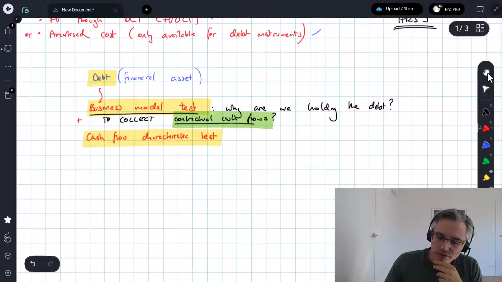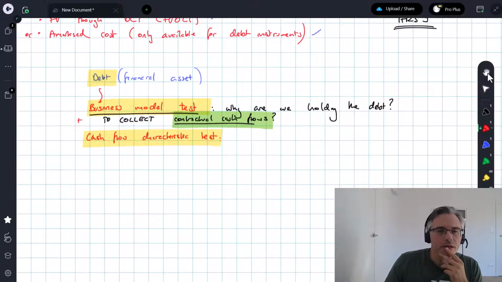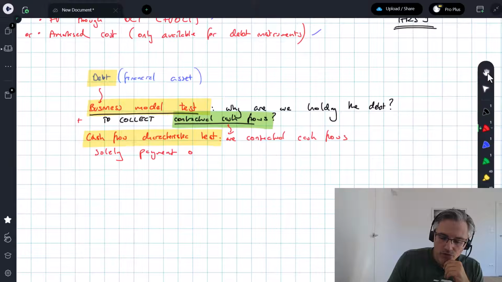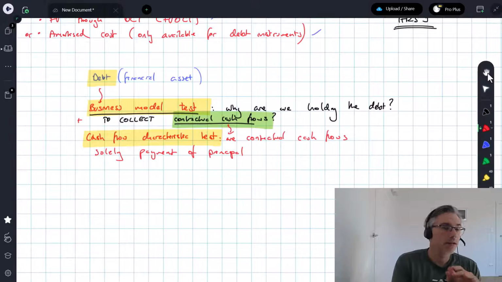And the second question you've got to ask yourself is, well, those contractual cash flows which the debt is supposed to pay you, are those contractual cash flows solely, purely the payment of principal, as in somebody repaying a borrowed amount?